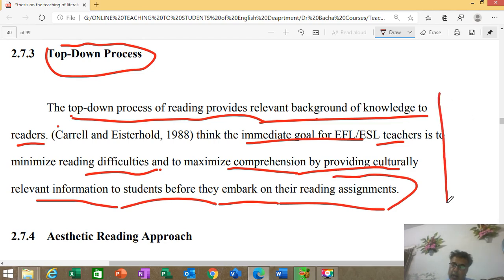The overall brief summary of the text is that the top-down process of reading provides relevant background knowledge to readers. The teacher's primary purpose in this approach is to enable students to minimize their reading difficulties and maximize their comprehension by providing culturally relevant information. I mean, the students have to be made effective and active readers. Their reading has to be encouraged by the teachers, right?